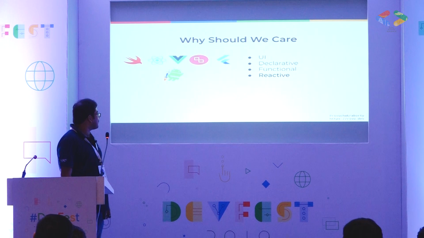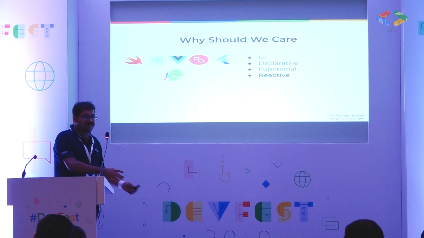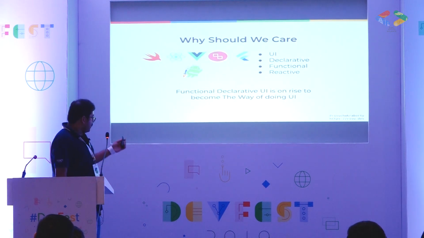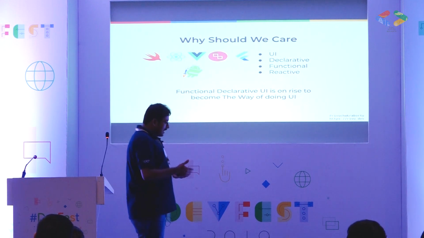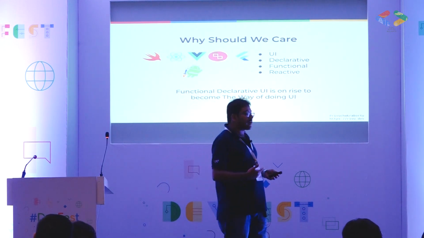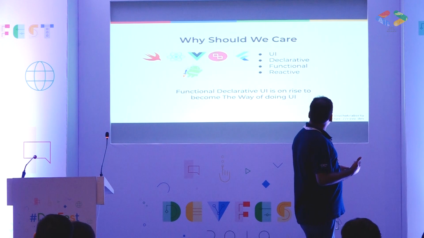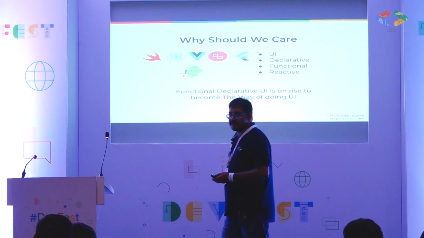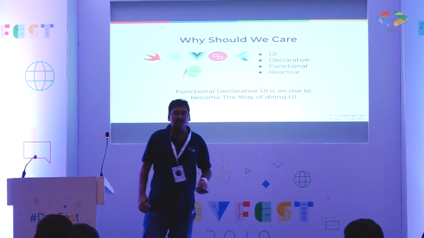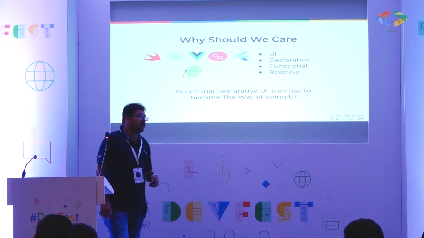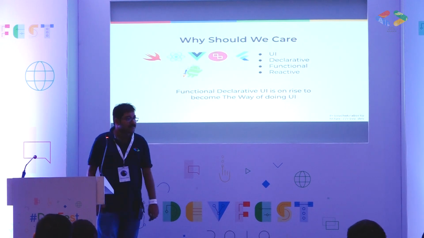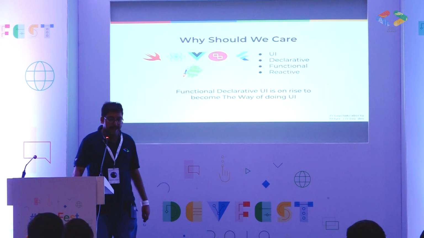I don't develop using Jetpack Compose either, but I did a bit of research on it. As you can see, there's a craze in the market right now about functional declarative UI. As experts say, pretty soon functional UI development will become the way of UI development. Now it is one of the ways, soon it will become the way.